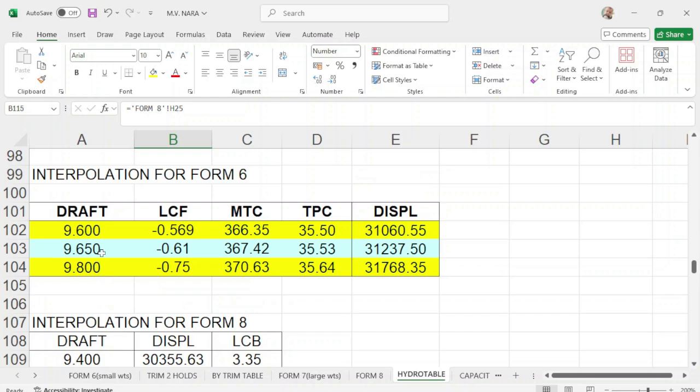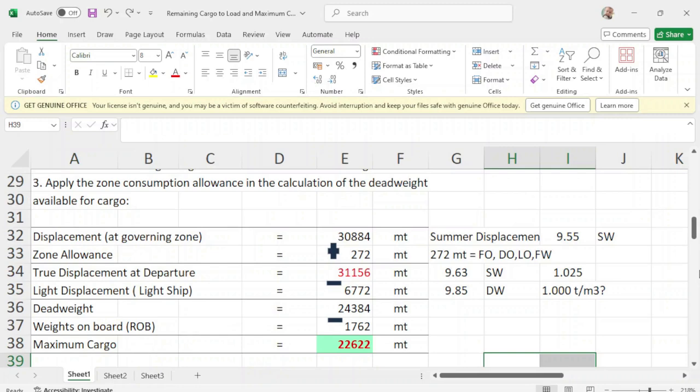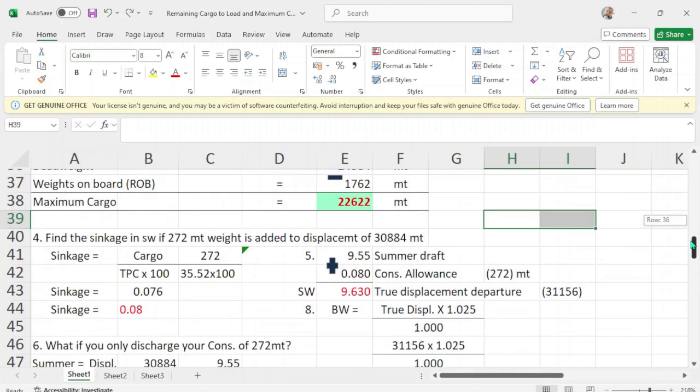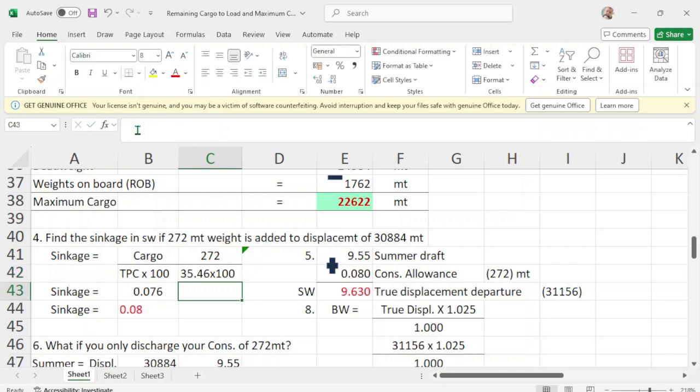Put here 9.55. The TPC is 35.46, okay, 35.46, and you will divide this one.